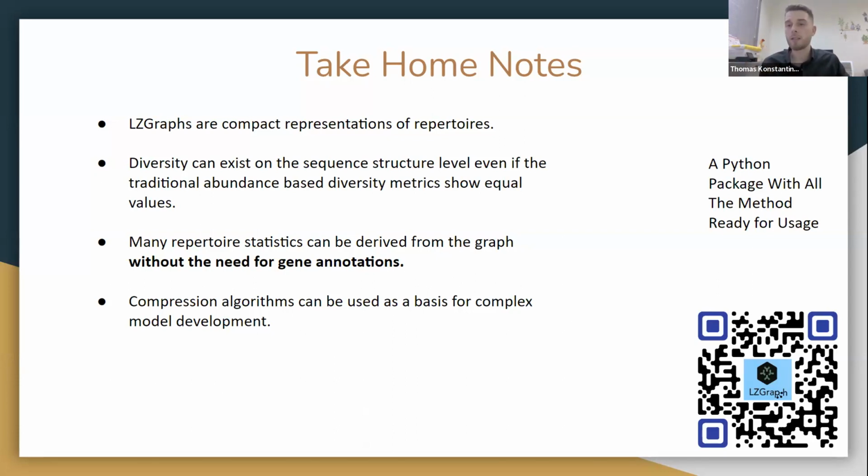Many repertoire statistical properties can be directly inferred from compressed files and LZGraphs in particular. And this work, I hope, will open the door for more groups working and trying to incorporate the functions that lie behind compression algorithms as feature extractors and bases for deeper models in the future.